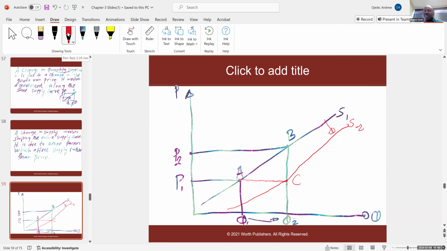When the supply curve shifts to the right, that's what we call an increase in supply. So in this case, the movement from A to C is what we call an increase in supply.